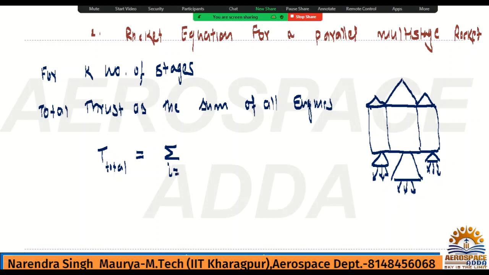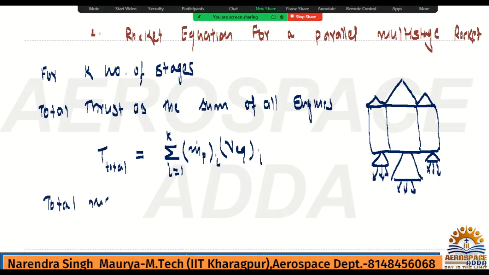Suppose we have k engines, k rockets, then it is nothing but the mass flow rate, because every one has a mass flow rate, so m dot p i, where i is the total number, because we are writing i is equal to 1 to k, so it is m dot p i into V effective i.